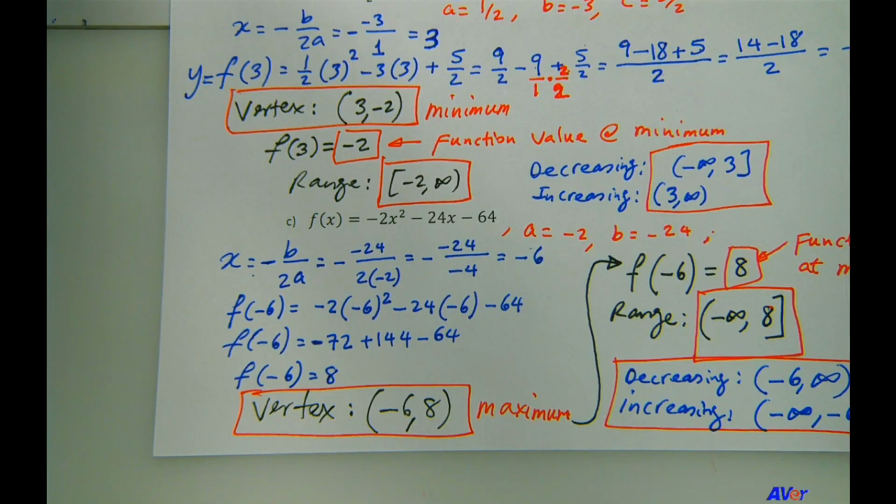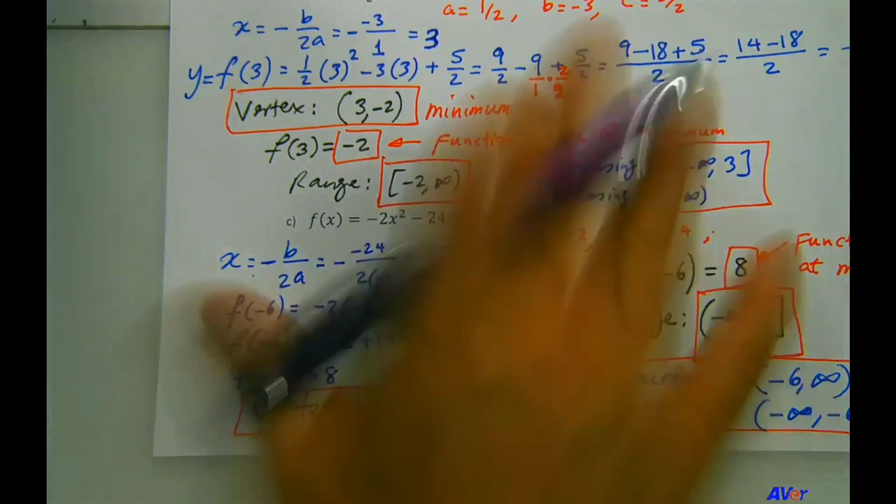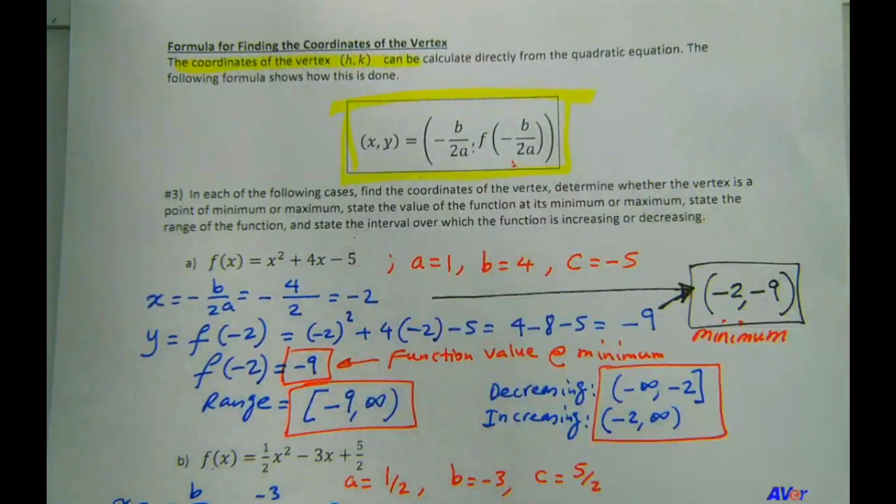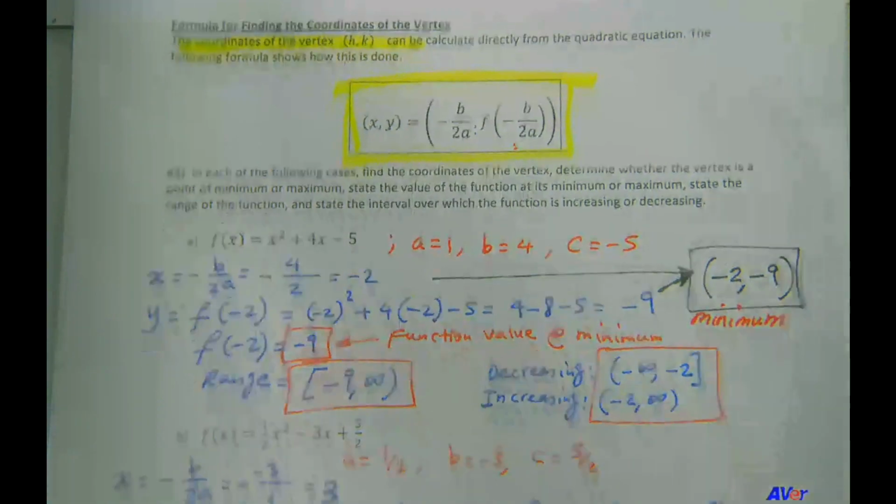Where the function is minimum or maximum has significance in the real world. We knew how to use the completing the square method to find the coordinates of the vertex, but this formula gives us another way of calculating them. Okay.